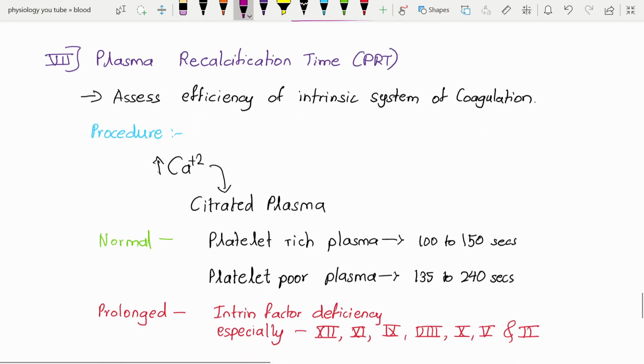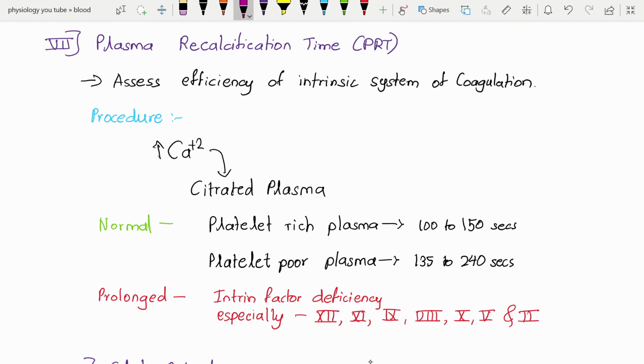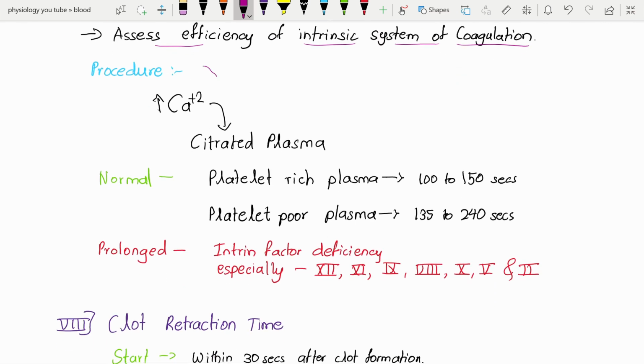Now next comes the plasma recalcification time, and it is to assess the efficiency of the intrinsic system of coagulation. The procedure: we are adding calcium to the citrated plasma and the clot is formed.